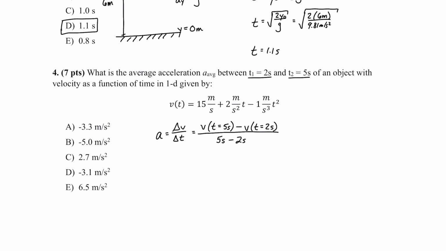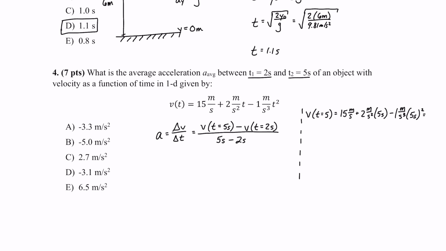To calculate the values in the numerator, we can use the provided equation. To figure out the velocity at t equals 5 seconds, we plug in t equals 5 everywhere we see a t. So we'd have 15 meters per second plus 2 meters per second squared times 5 seconds minus 1 meter per second cubed times 5 seconds squared.